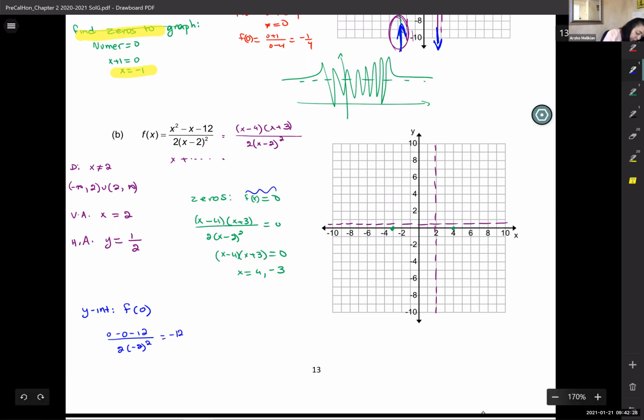So that's negative 12 over 2 times 4. Okay, how much is that? 12 over 8. What do you guys think? 3 over 2? Yeah. Okay, so that's how you find the y-intercept, and that's right there. Okay, any questions so far?